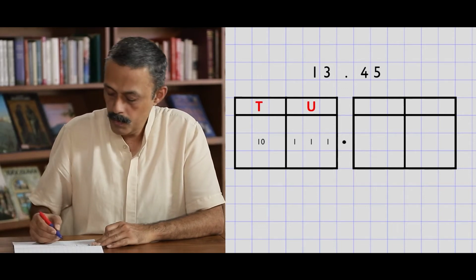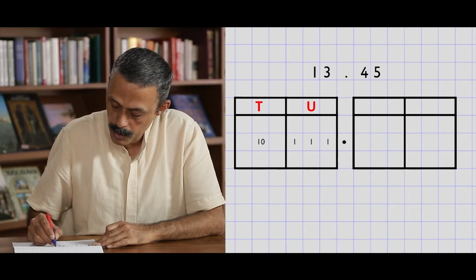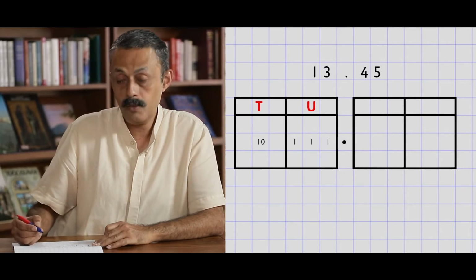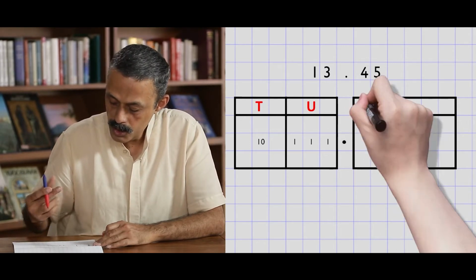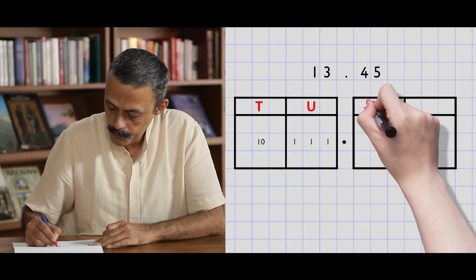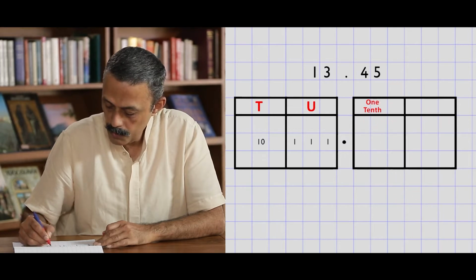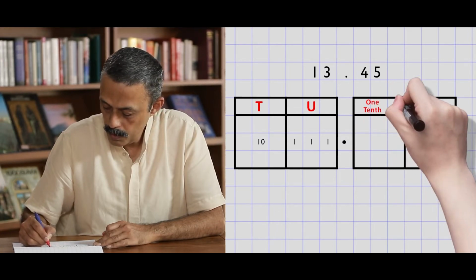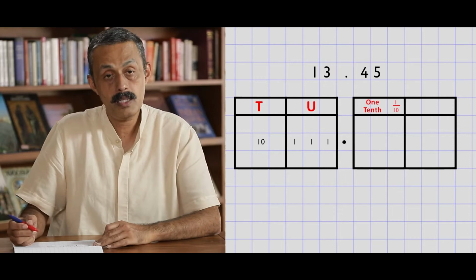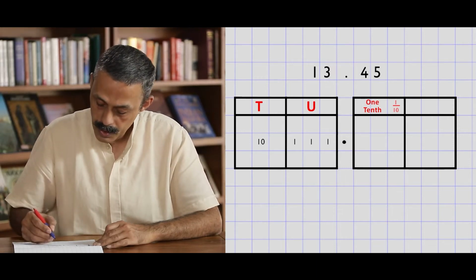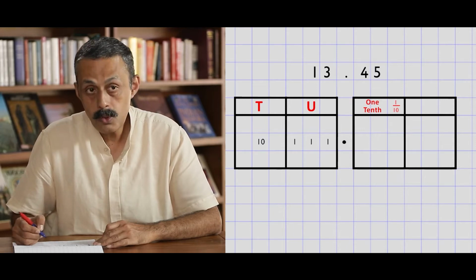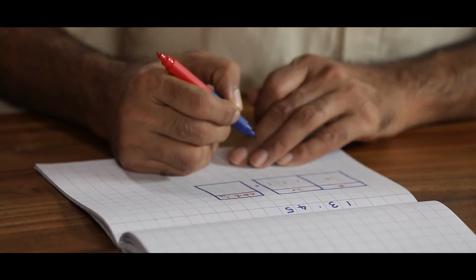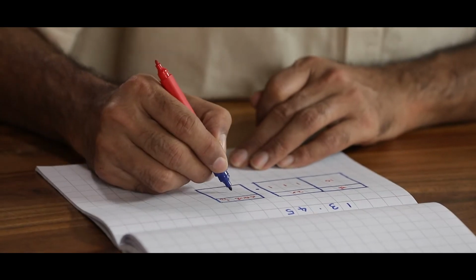In the place value mat, what did we see? What is this place called? 1/10, or 1 of 10, 1 by 10. So, what do we get in these boxes? 4 1/10s. 4 1/10s.